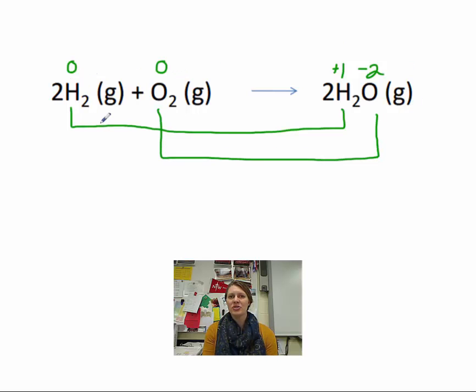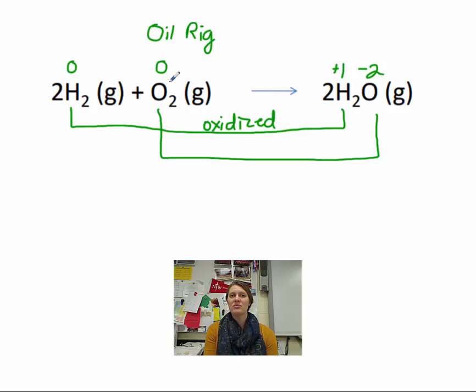Therefore, that tells me hydrogen lost an electron because it went up in charge. And if it lost an electron, I'm thinking of oil rig. So if it lost it, that means that it was oxidized. So I'm going to label my hydrogen as being oxidized in this particular equation.